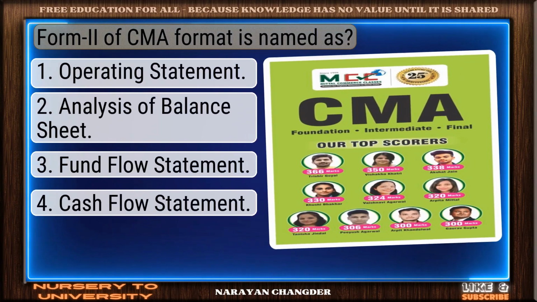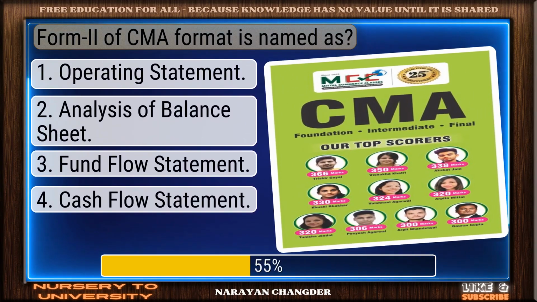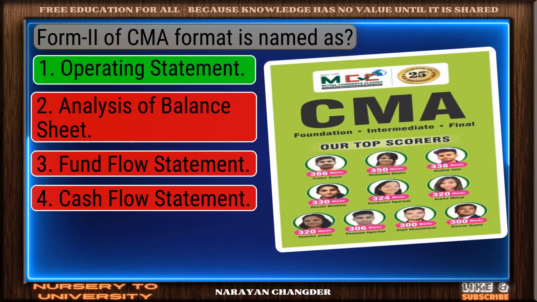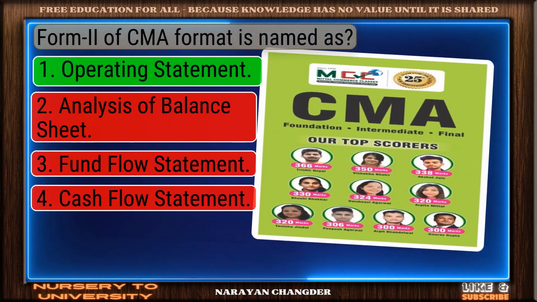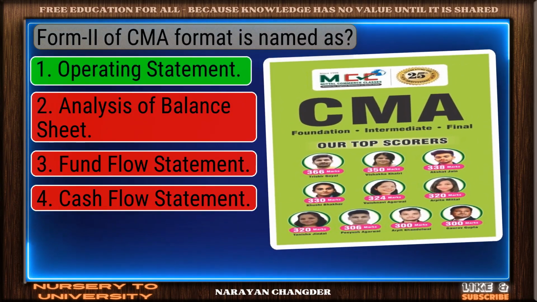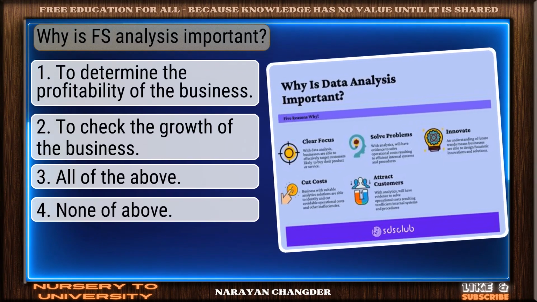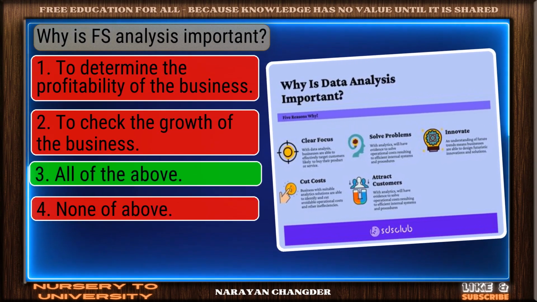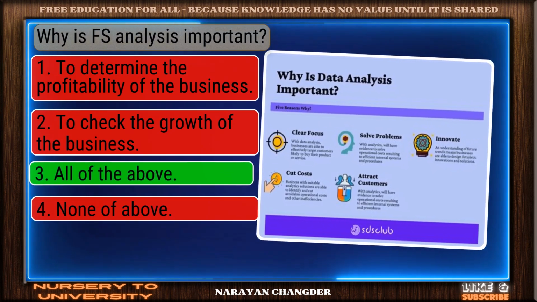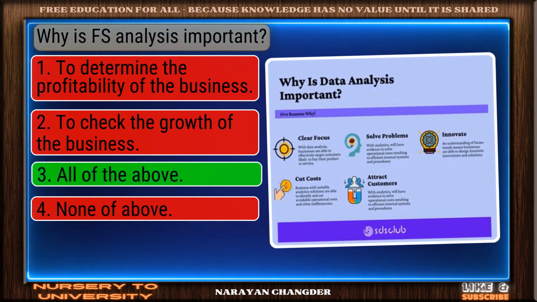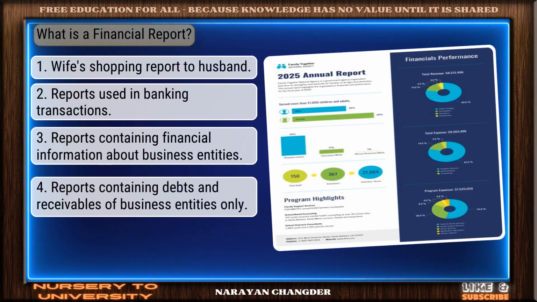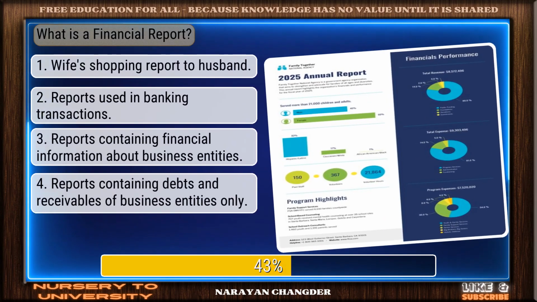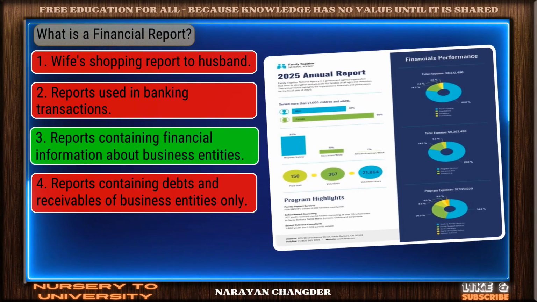Form-I of SEMA format is named as. Excellent choice. Operating statement is the right answer. Why is EFS analysis important? Strong choice. All of the above is the right answer. What is a financial report? Valid point.